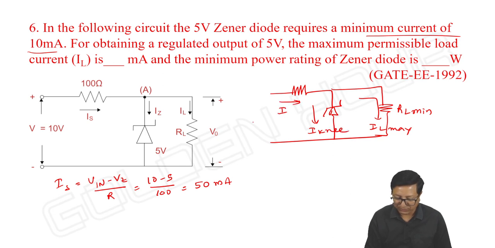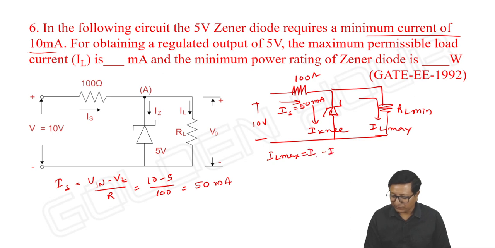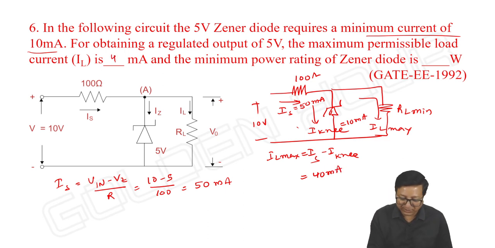IS is anyway constant. Input is 10 volts, and that value IS is 50 milliamperes. That's the meaning of it. Then IL maximum is equal to IS minus the knee current. It is 50 minus the knee current of 10 milliampere. So it is 40 milliampere. So the maximum permissible load current is 40 milliamperes, just like that we got.